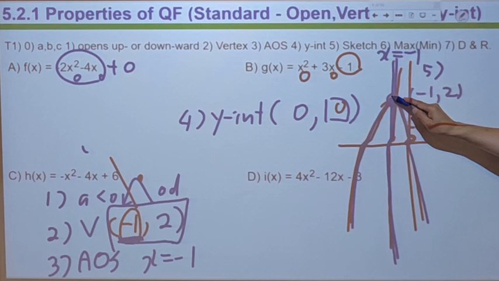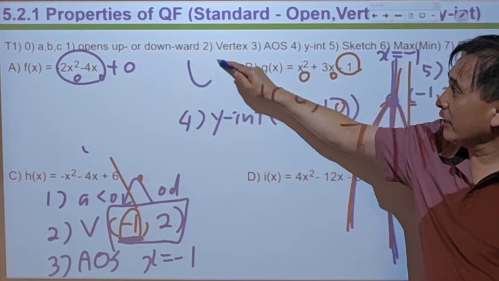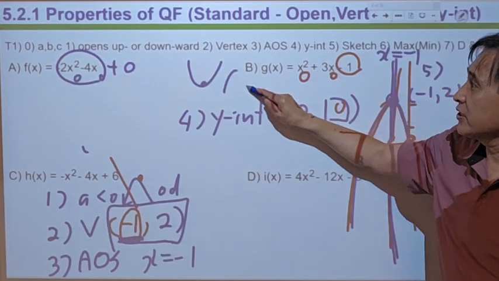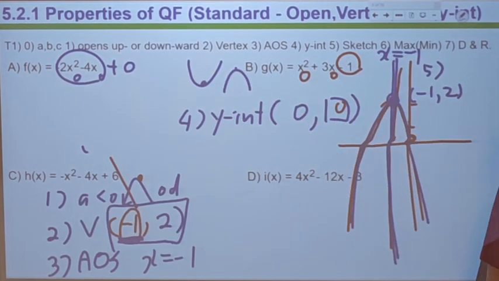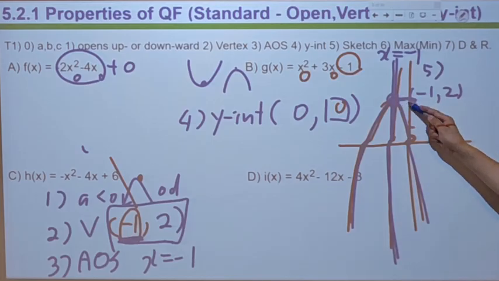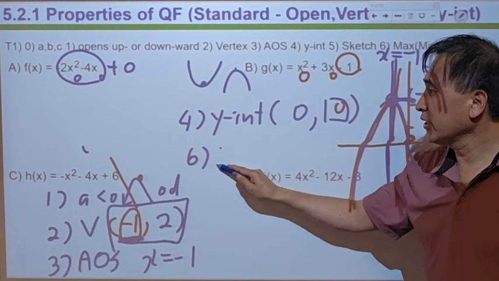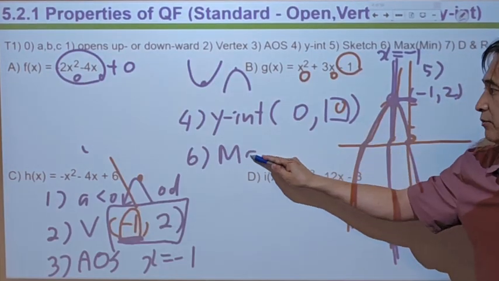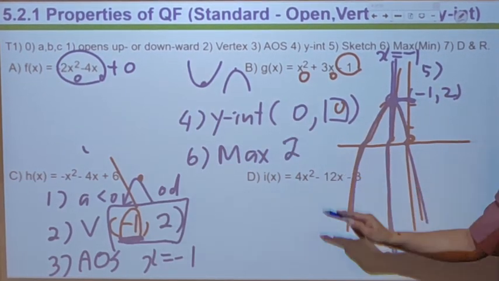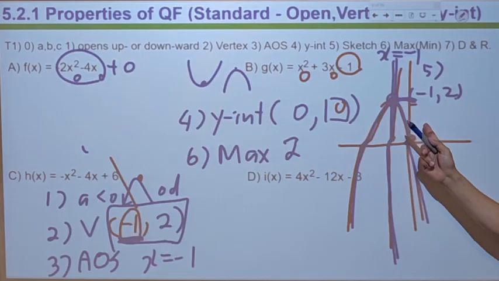As you see, this is a maximum. Can you see that? If the graph is like that, it's a minimum. But if the graph is like that, maximum, right? Maximum, minimum, we are talking about the y value. So the maximum y value is 2, right? So in this case, no minimum, maximum 2. Everybody clear up to that?